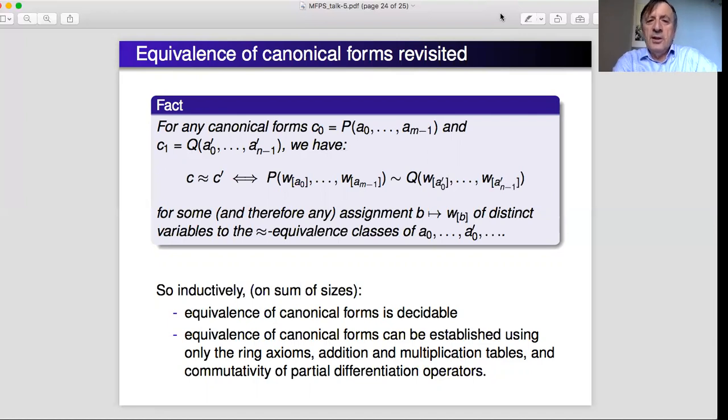This is just an immediate variant, a trivial variation, in the definition. The thing is, it's suitable for proving decidability, because you look at the atomic sub-expressions, you decide what the equivalence relations hold, then you can form the equivalence classes, you form the new variables, and you can decide polynomial equivalence. So we can push that inductive proof through, and you can also push the other inductive proof through.